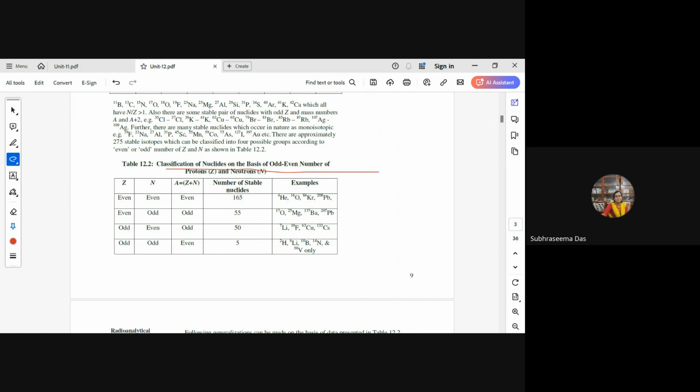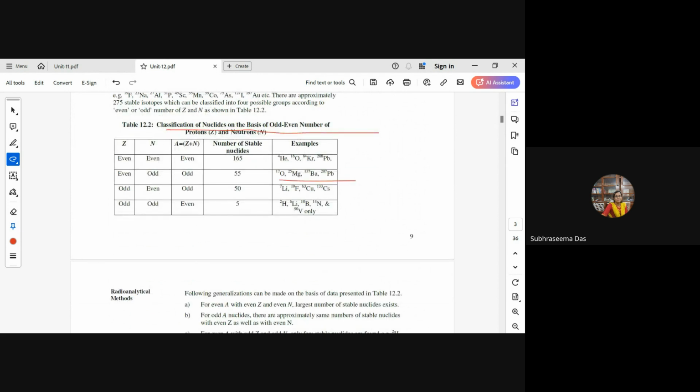Now when Z is even and N is odd, that is, the number of protons is even and the number of neutrons is odd, then the total A turns out to be odd. The examples include oxygen-17, 25Mg, barium-137, etc. When the number of protons is odd but the number of neutrons is even, then the total A again comes out to be odd.